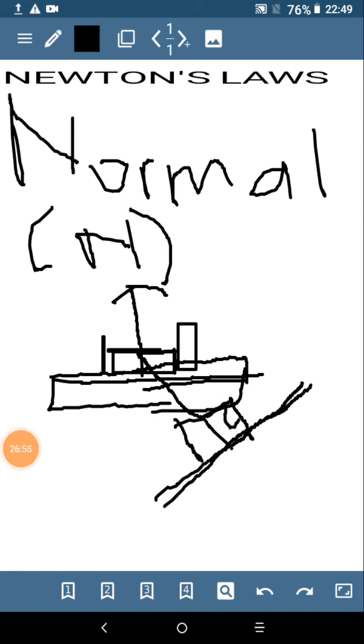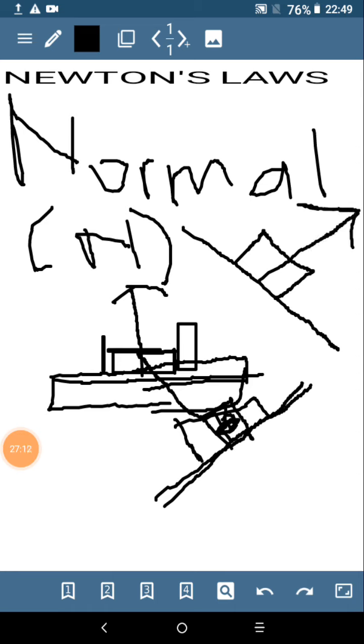There is that 90 degrees we are talking about. So you need to be very careful. If an object is resting on a surface like this, the normal force would be acting in this direction in order to make that 90 degrees. So once more, we are saying a normal force is a force exerted by a surface with which an object is in contact and acts perpendicular to the surface.